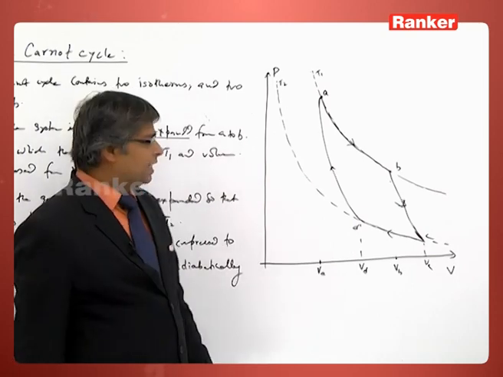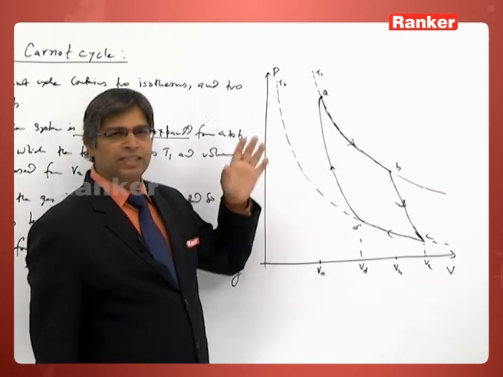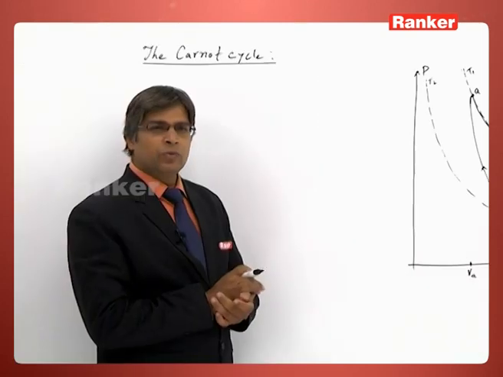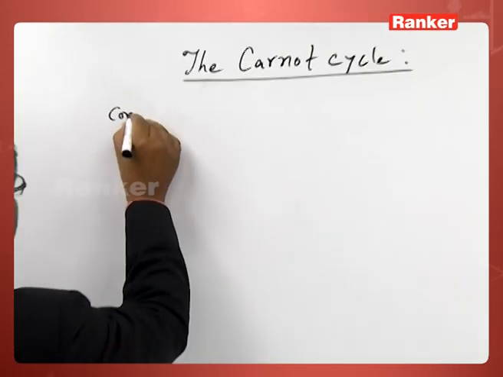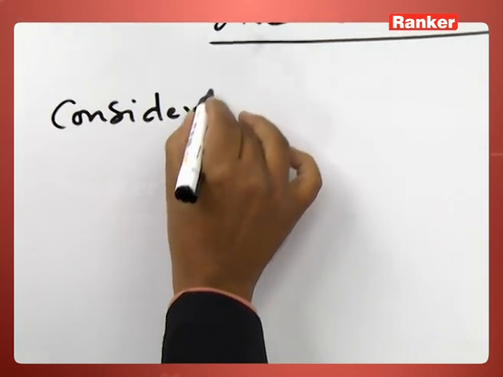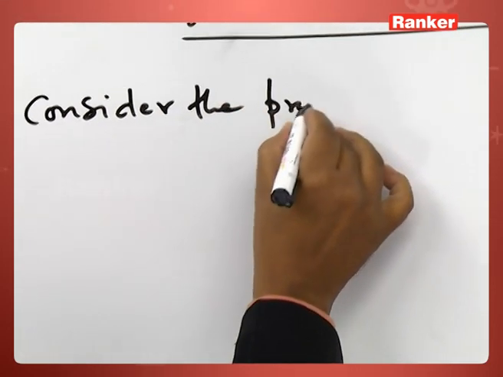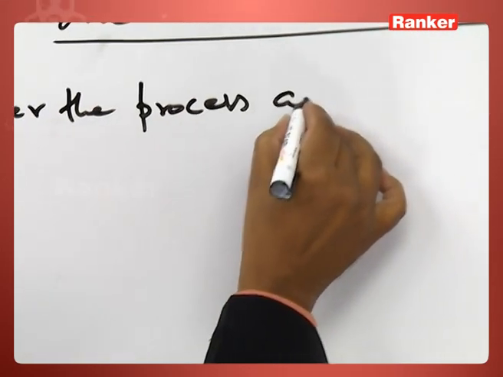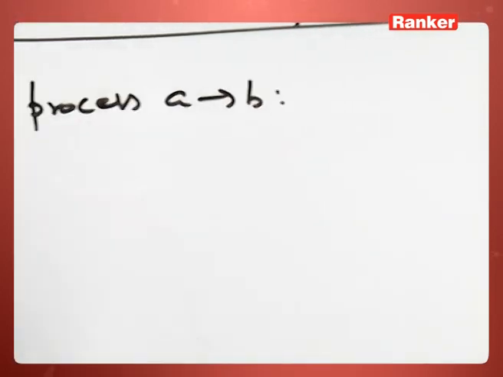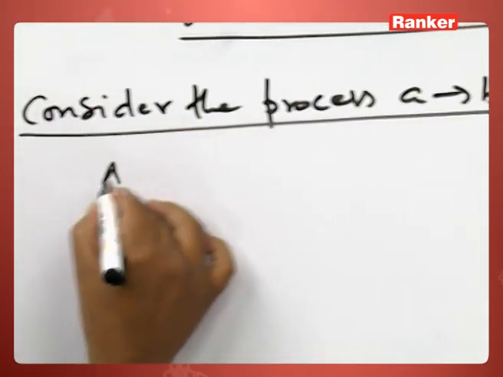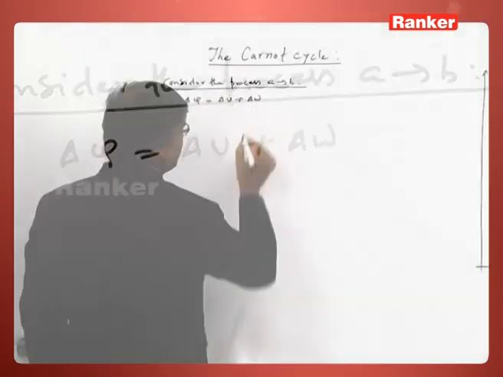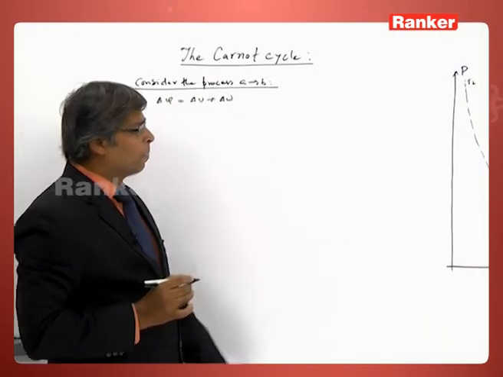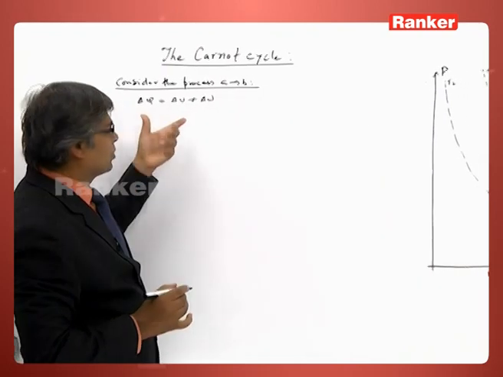Now let us see what the efficiency of this cycle is. Let us see the process AB. Consider the process A to B. We use delta Q equals delta U plus delta W. This is the first law.